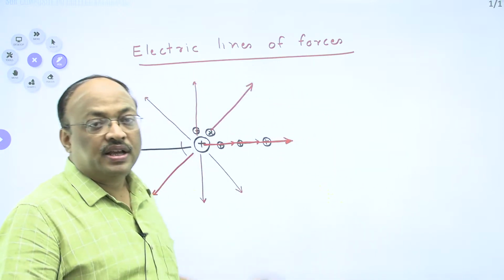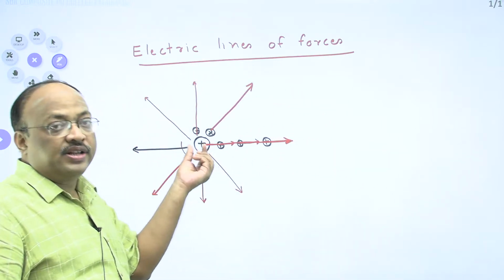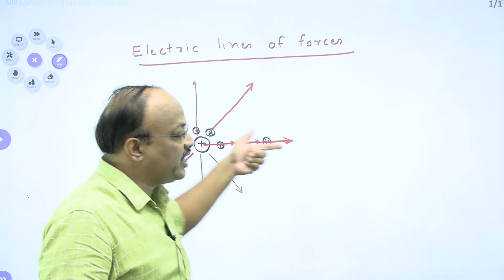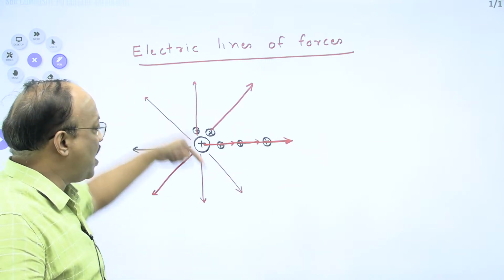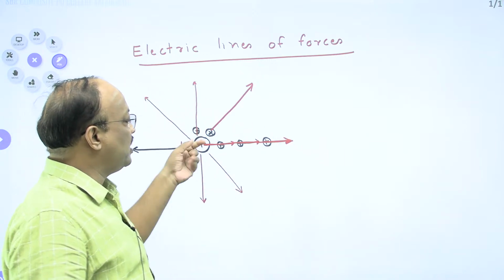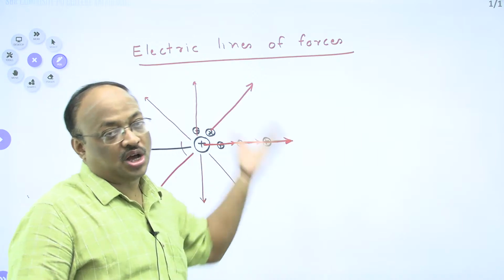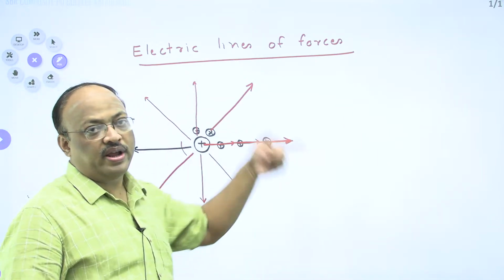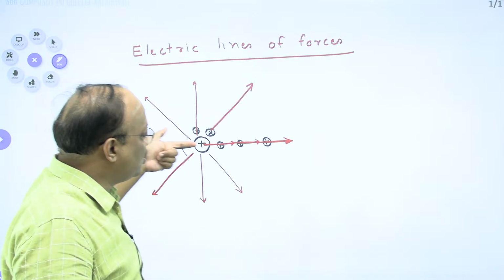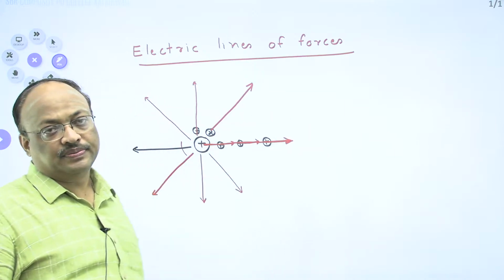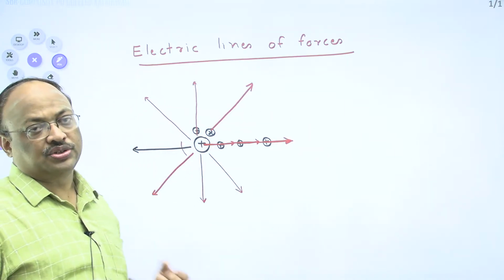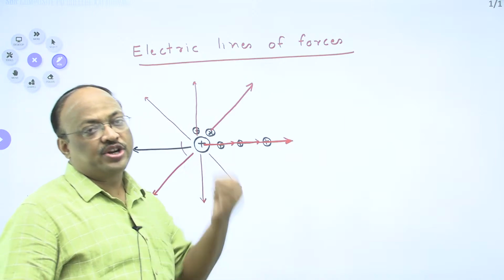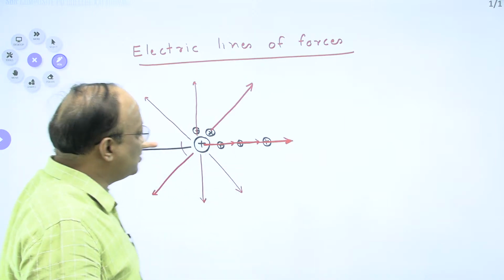In fact, what you can see here is a geometrical representation of the path followed by the positive charge. We are drawing how a small positive charge, a negligible magnitude positive charge, is moving.